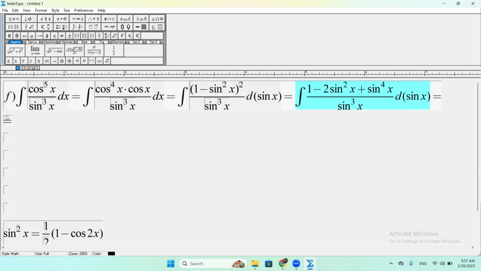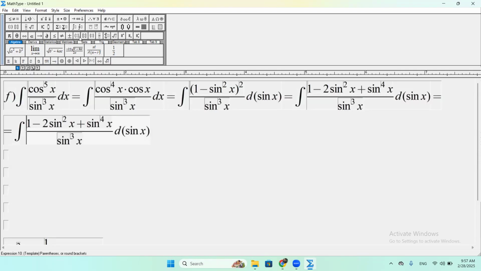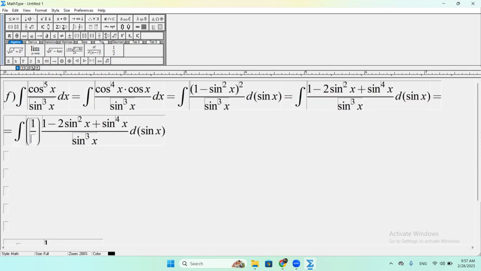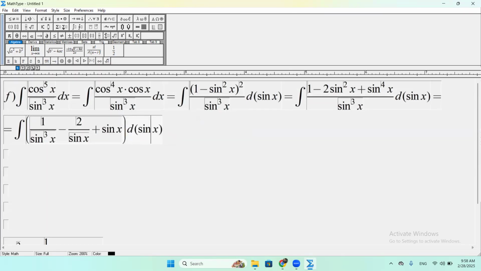So let's move to the next line, and we will have the following expression: 1 over sine cube of x minus 2 over sine of x plus sine x, d sine x.